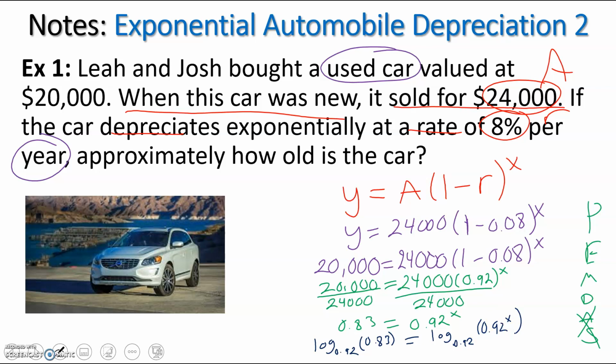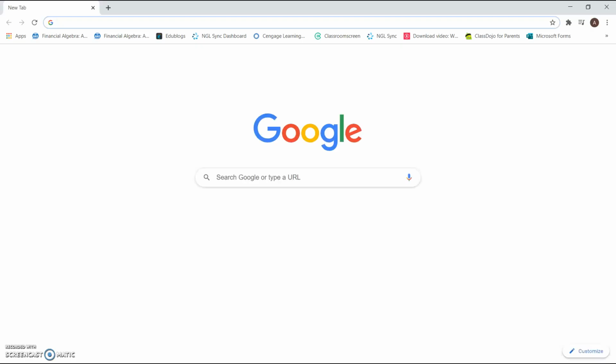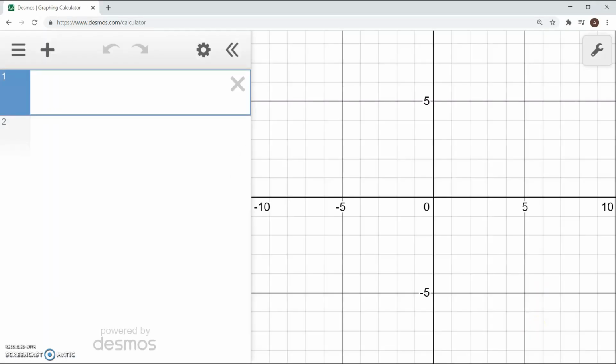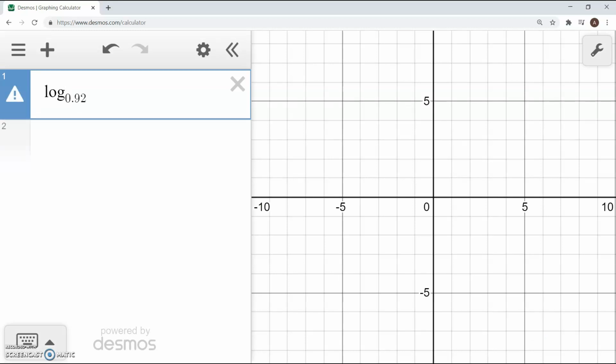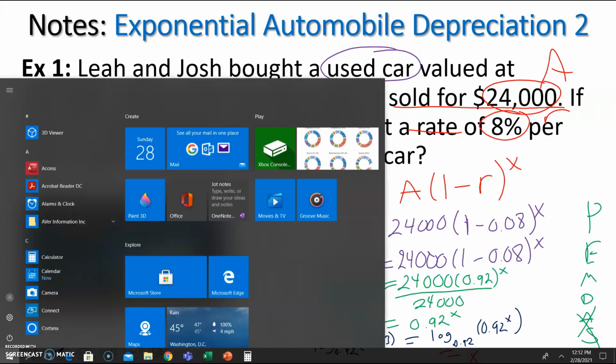And if we remember from before, the log base 0.92 and 0.92 to the power of x cancel each other, leaving us with just x on this right-hand side. And then on the left-hand side, let's go ahead and use Desmos. So let's get back into Google Chrome and Desmos. And we have here log base 0.92, and to do that base we use shift minus, of 0.83.